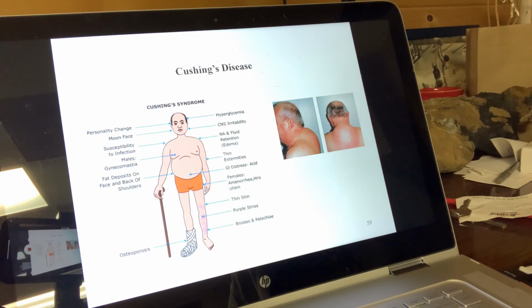In males, you may develop gynecomastia, which is the development of breasts in the males, a roundish, what's called the moon face. All of these are things associated with Cushing's disease, or increased cortisol produced by the adrenal cortex.